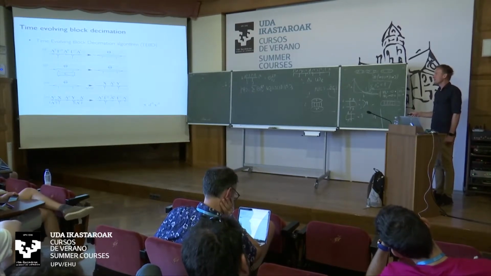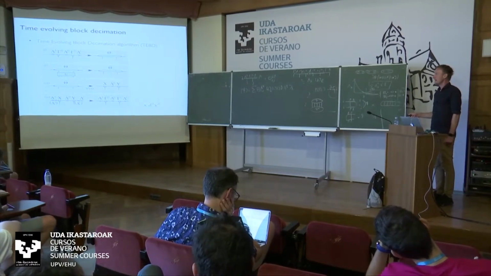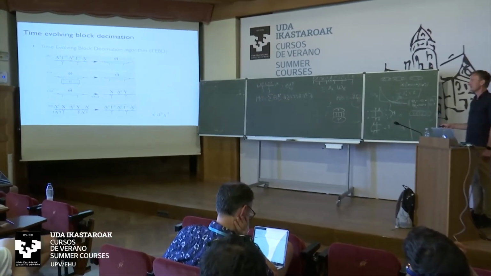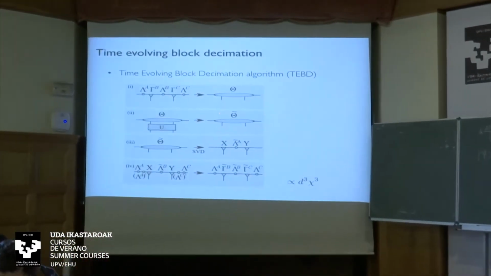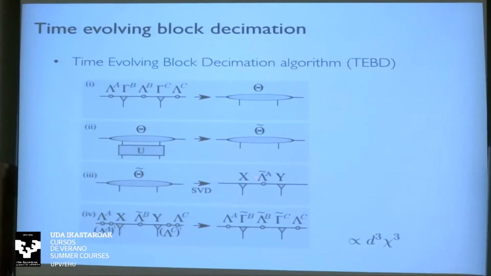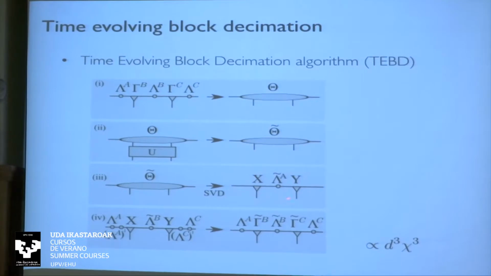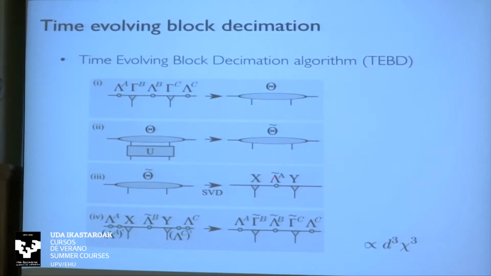Then this object here has a bond dimension of chi, d, and chi, with d being the physical dimension. But when we perform a singular value decomposition of this object, which is done here, the bond dimension has actually increased from chi to d times chi, right?